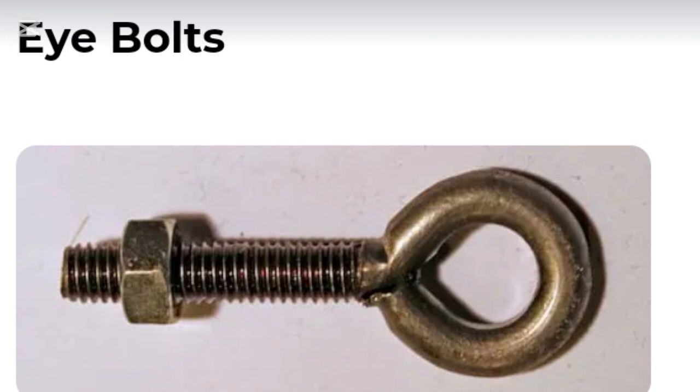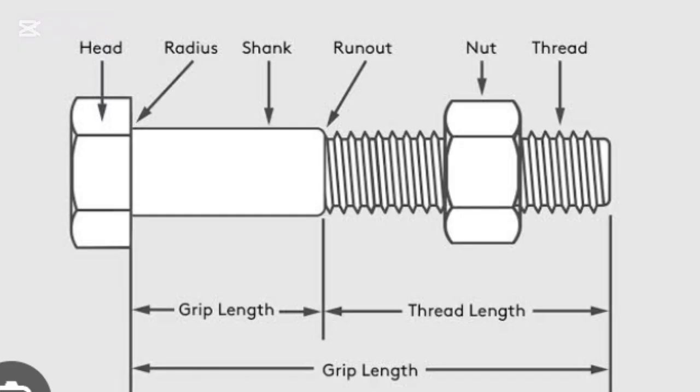Another type is a very common bolt, the hexagonal head bolt, versatile and widely used for general fastening applications. Hex means a hexagonal-shaped head. It is commonly known, and it is the most used kind of bolt.